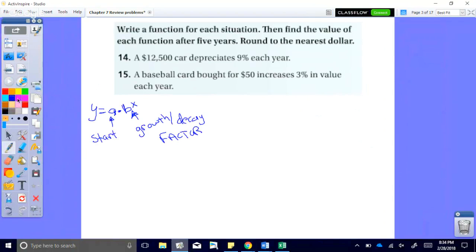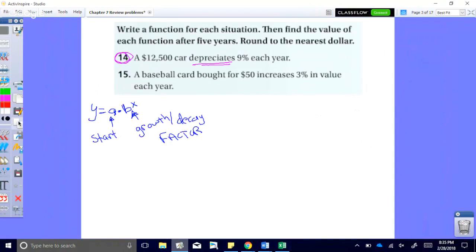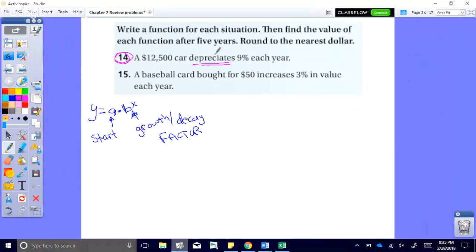I'm going to start with number 14. It says a $12,500 car depreciates 9% each year. Depreciates means that the value decreases, so we have a decay. For number 14, we need to find the decay factor, which again is my b.